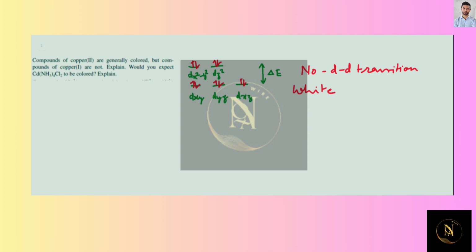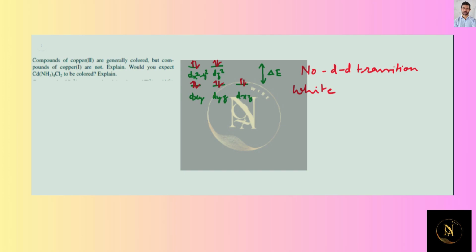That reflected part is received by the eye and the substance appears in the complementary color, which is reflected by the substance. Now, the same theory is applicable in case of copper 2+, copper +, and cadmium.